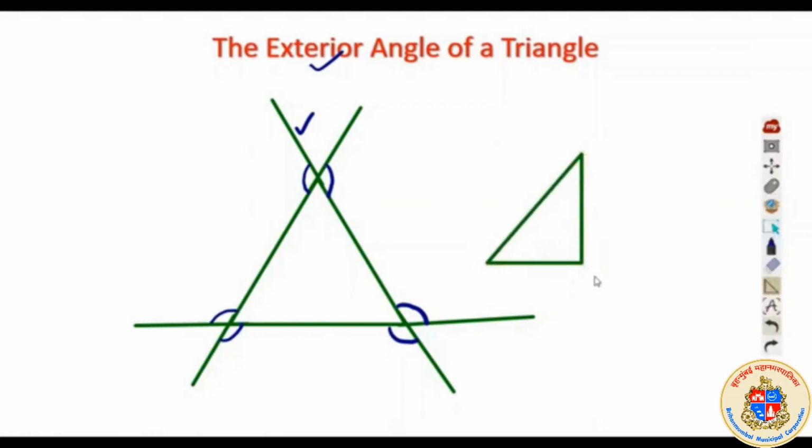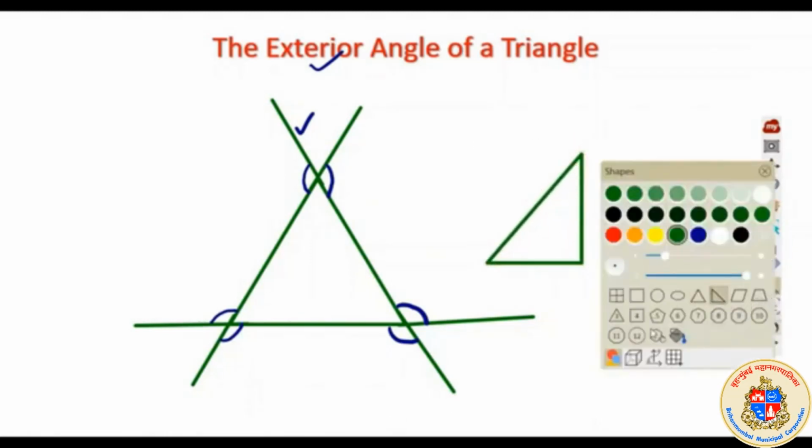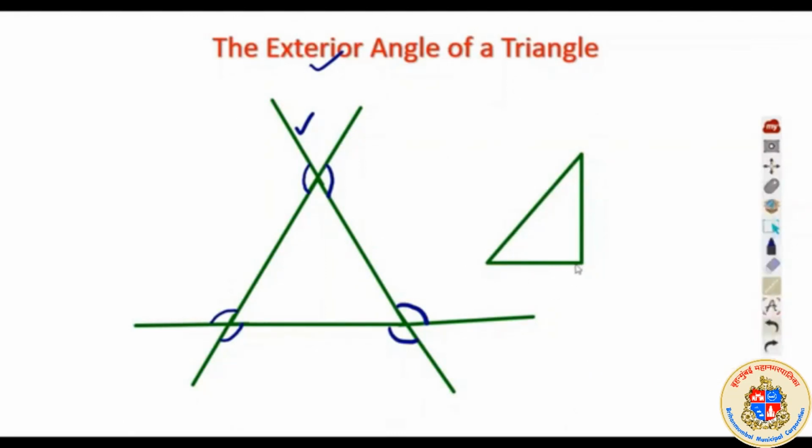Look here. This is a triangle, and I am going to extend a single side of it. Okay. So what happened? Here an angle is formed. Understood? So that much only.